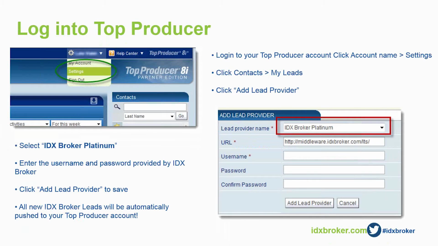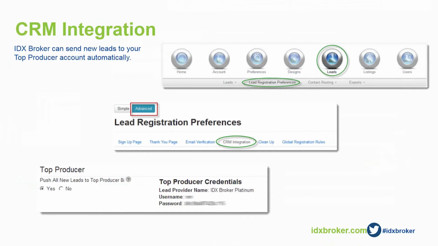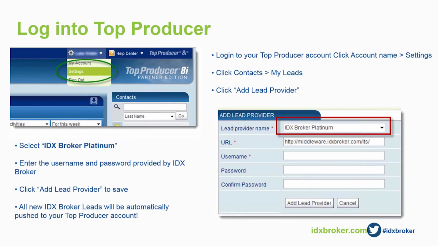And right there, you'll see that IDX Broker provided you a username and password. Keep in mind that's going to be copied and pasted into your Top Producer account. So now that you've done the lead information on the IDX side, you'll want to log into your Top Producer side to link the two together.